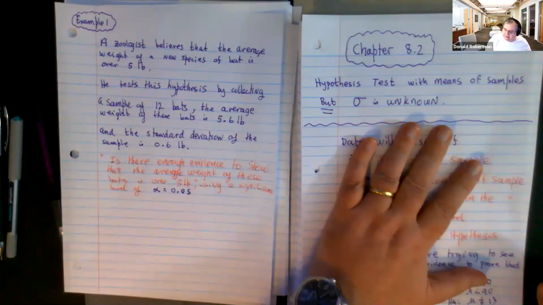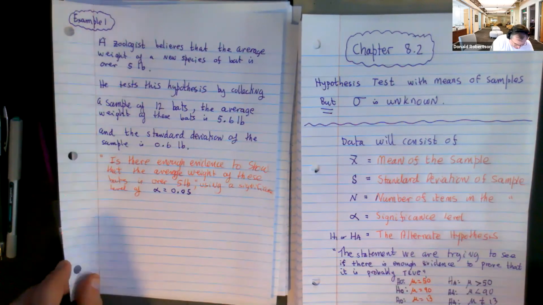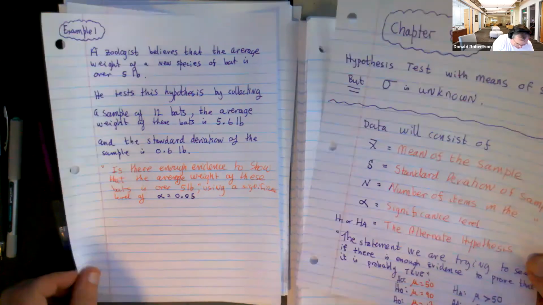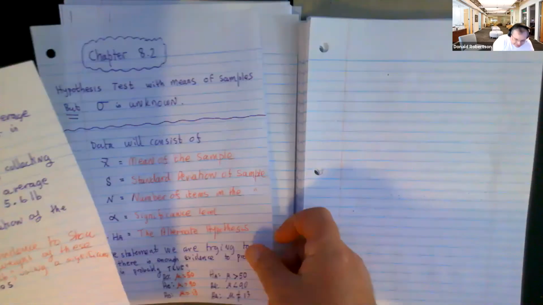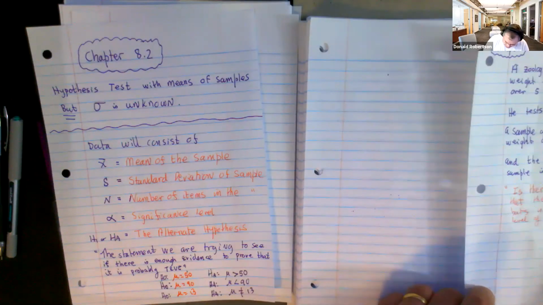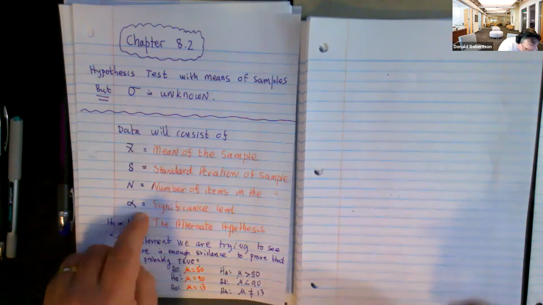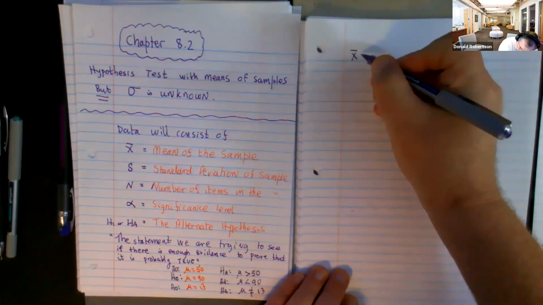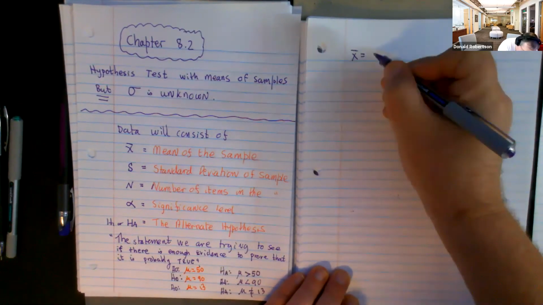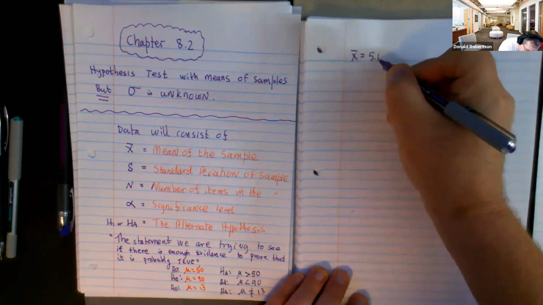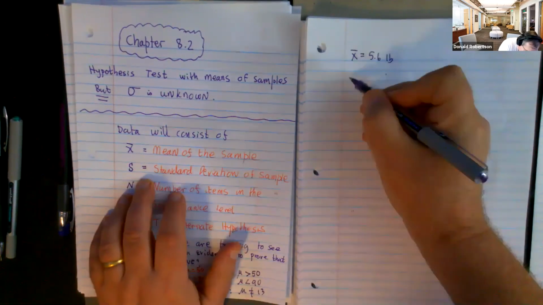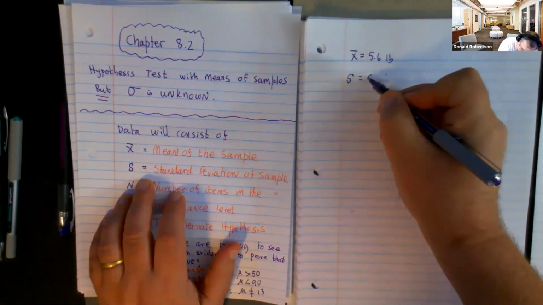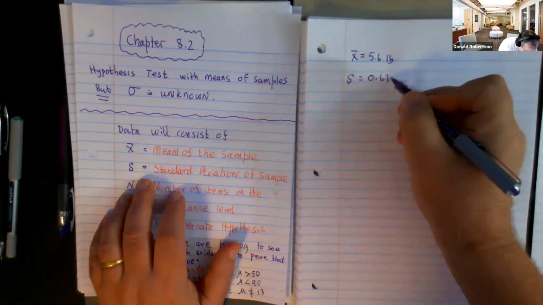So I got this story, and we're going to look at my little collection list, right? And we're going to see, have we got everything that we need? Actually, I want this here. I'll just squeeze that over there. So you won't be able to see it, but I can see it. So in this, we need all this. That guy there was 5.6 pounds. The standard deviation was 0.6 pounds.